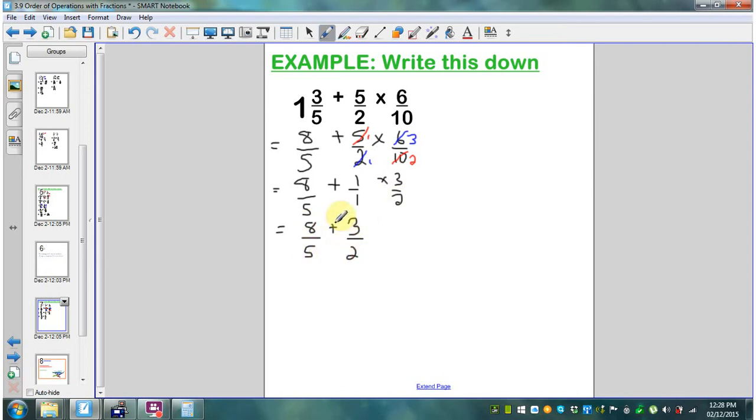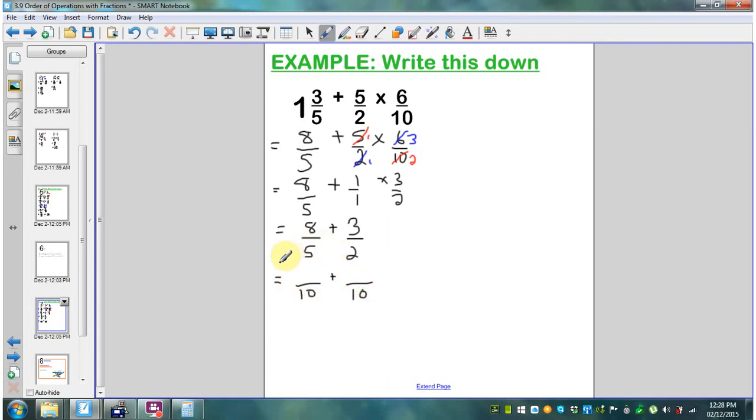Okay, so now we're ready to work with our addition. This is our last step. We need a common denominator. Like before, we said our common denominator is 10, and we need the common denominator because we're adding fractions. So 10 plus a fraction over 10. How do we get to 10?